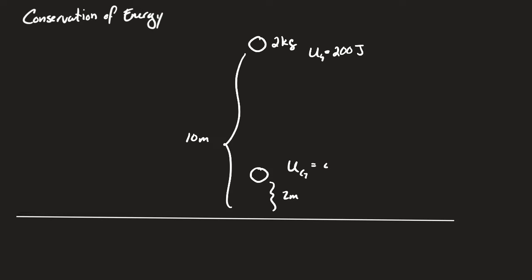That's right, 40 joules. It should not be a huge surprise that the object now has less gravitational potential energy than it had before. In fact, we would say delta U is equal to negative 160 joules. Delta U, meaning the change in gravitational potential energy.